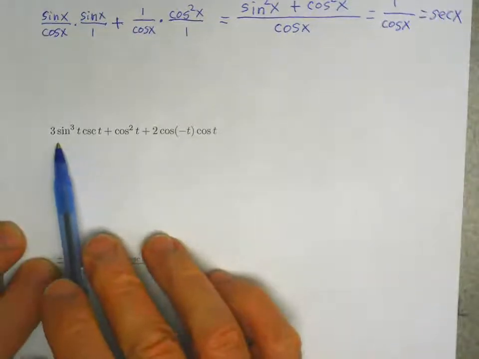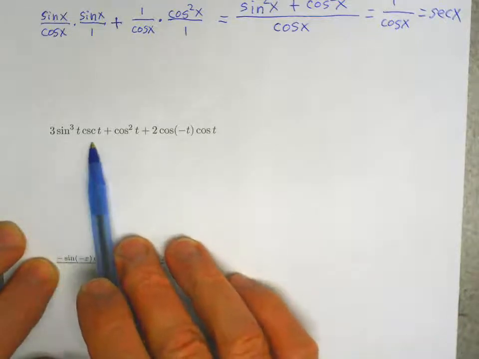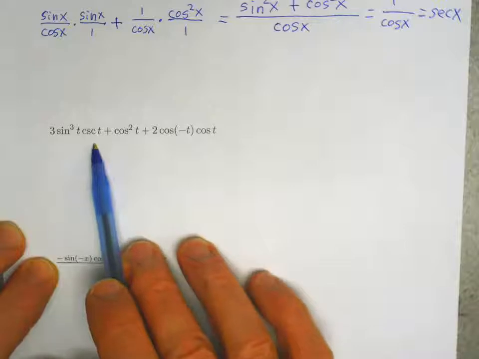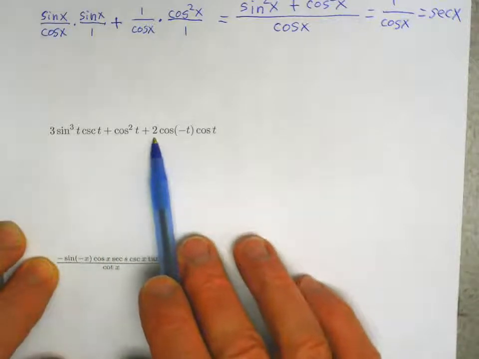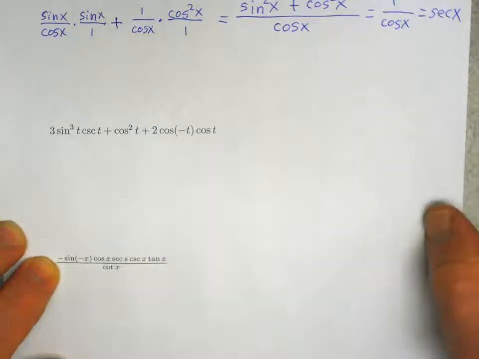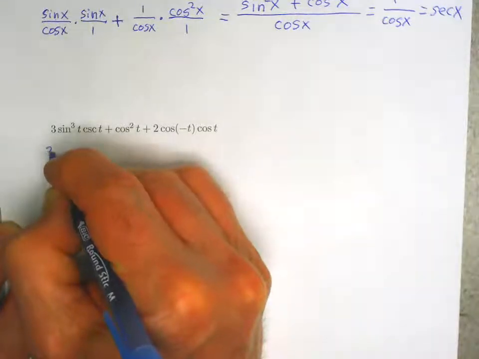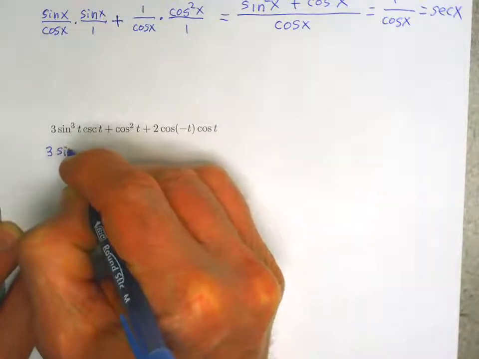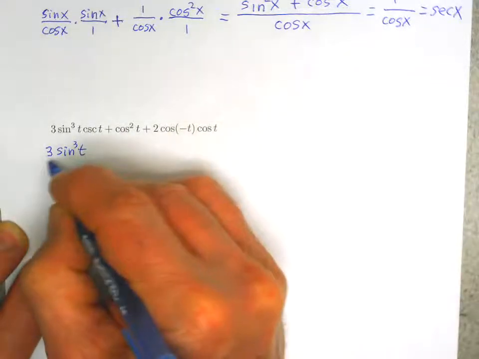We have 3 times sine of t to the third times cosecant of t plus cosine of t squared plus 2 times cosine of negative t times cosine of t. So in the first step, I'll just leave 3 times sine of t to the third over 1.